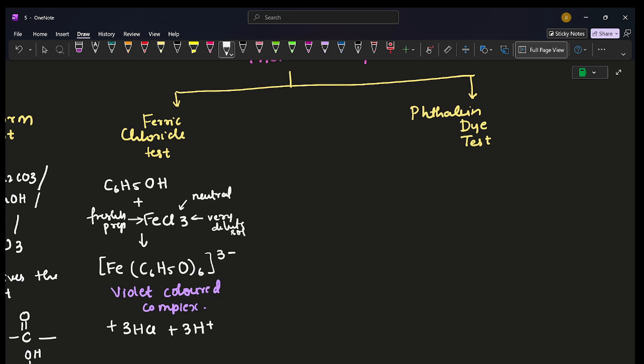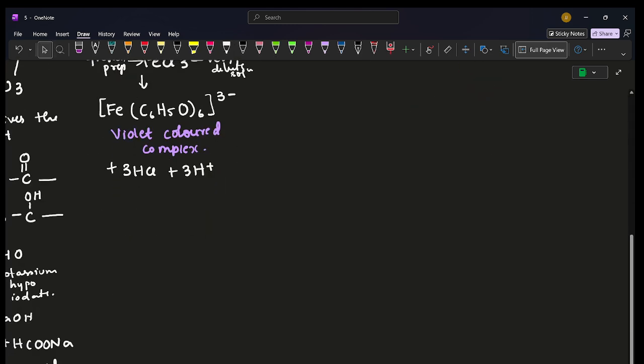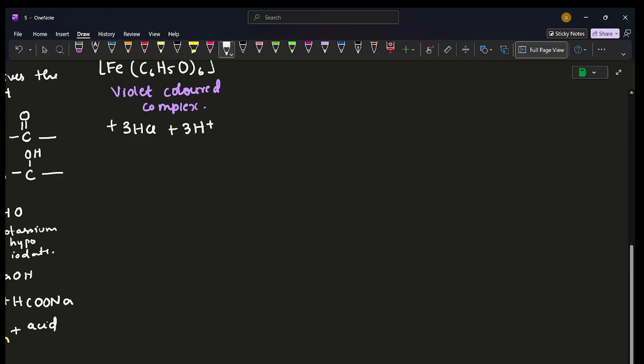Alright, next, resorcinol. Do you know what resorcinol is? It's this. Ortho, meta, and para cresol. Do you know what cresols are? It's this. So they have CH3 in the ortho, meta, or para position. So they give violet or blue color.